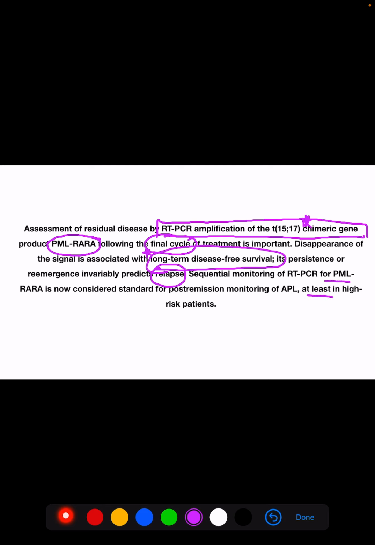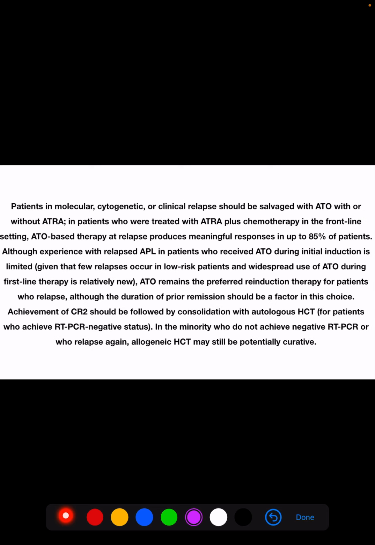So after giving treatment in high-risk patients, what do we have to do? We have to do sequential monitoring of RT-PCR for PML-RARA. This is now considered the standard for post-remission monitoring of APL patients, at least in high-risk patients.